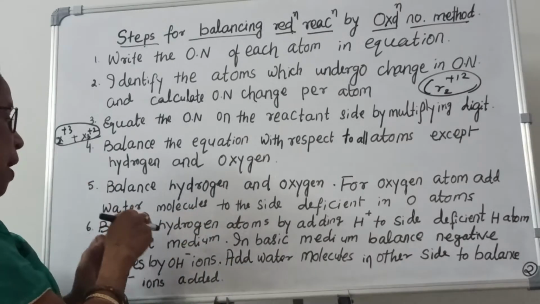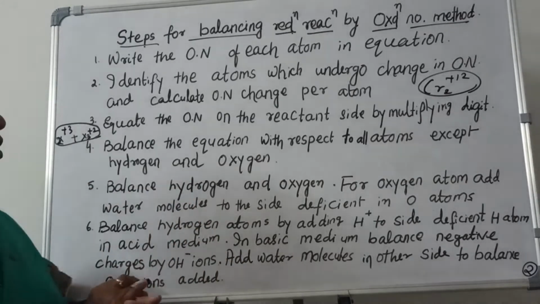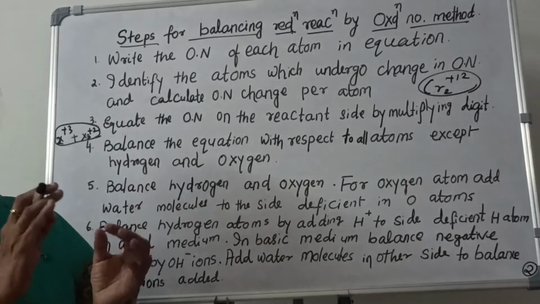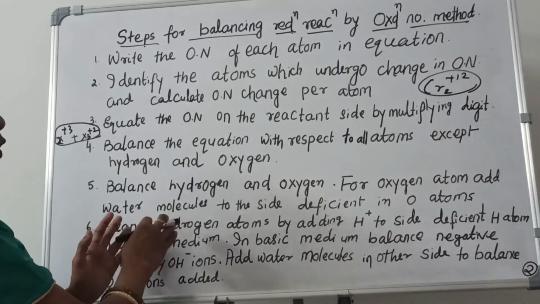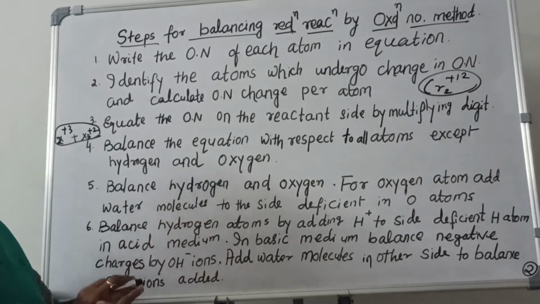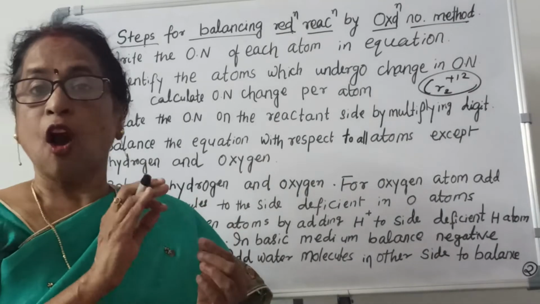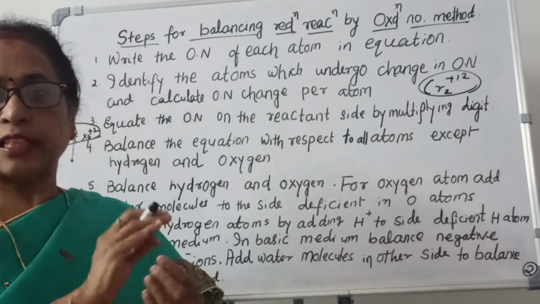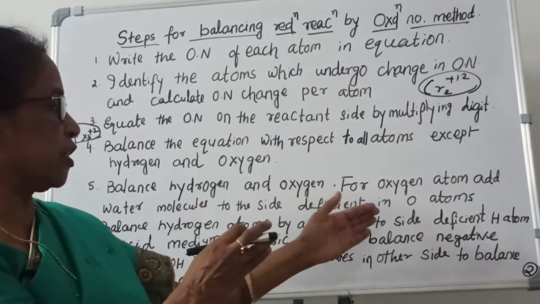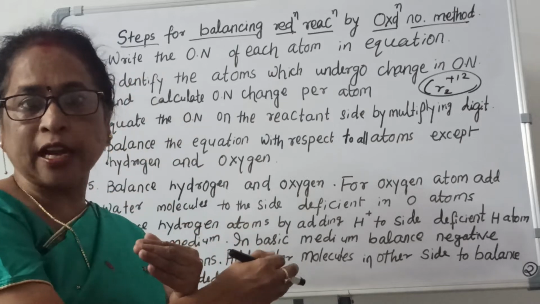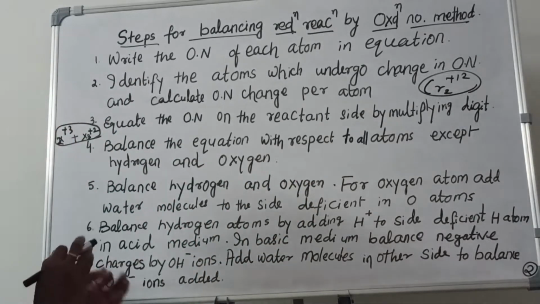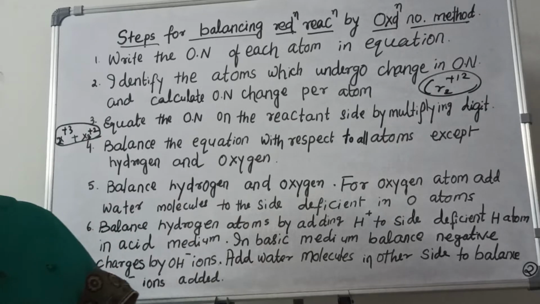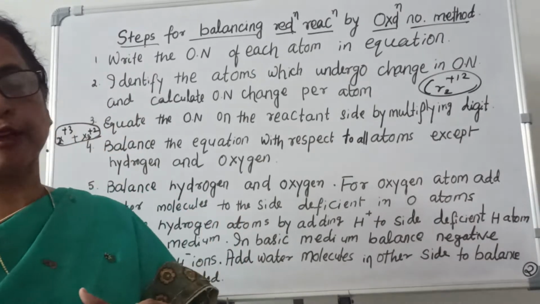Now you balance hydrogen and oxygen. For the oxygen atoms, see whether oxygen is deficient on the right side or the left side, then add water molecules to the side where oxygen is deficient. Then balance the hydrogen atoms.